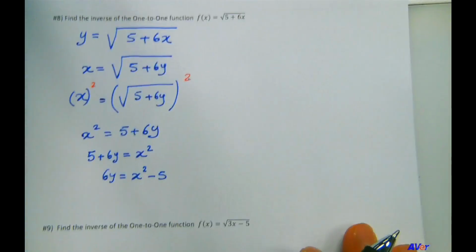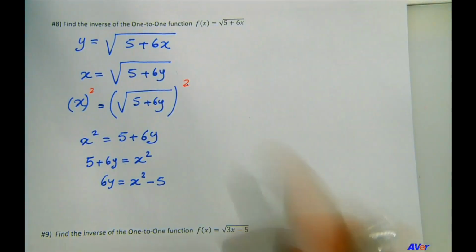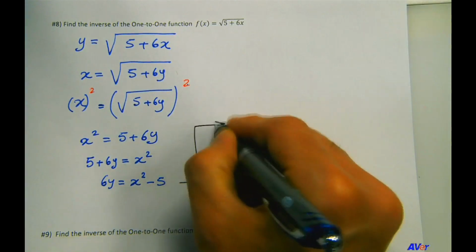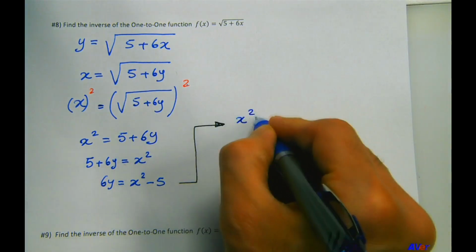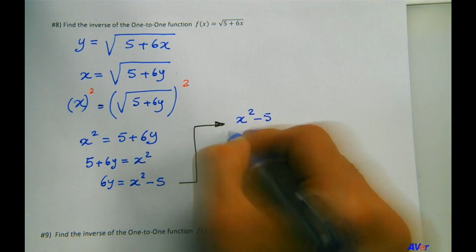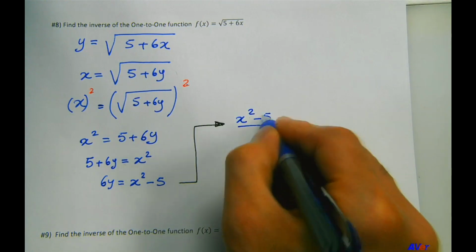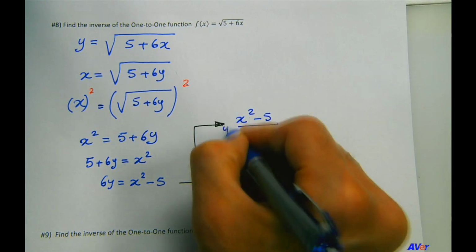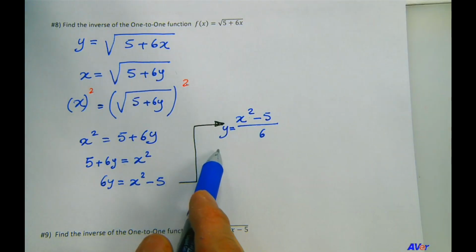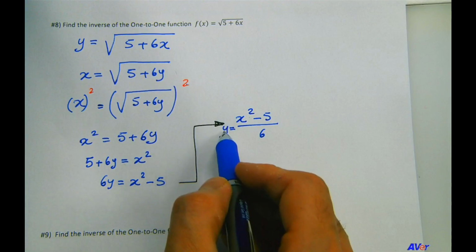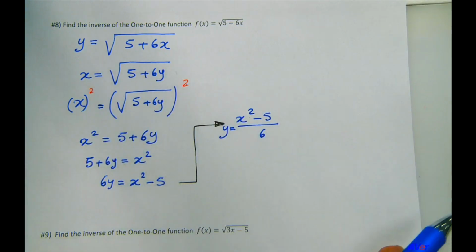Let me bring this down so it's all on the screen, and I'll put the rest of the solution up here. So to isolate y, we divide both sides by 6. So we have y equals x squared minus 5 over 6. And of course, the last step is to replace the y with the proper inverse function notation.